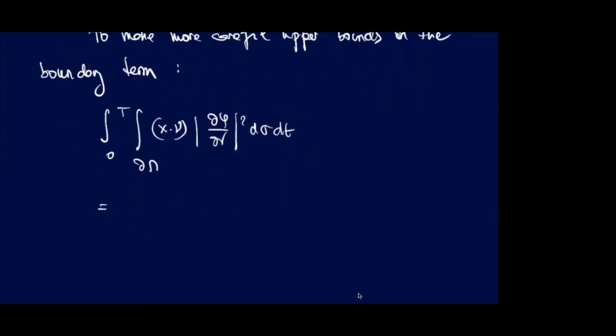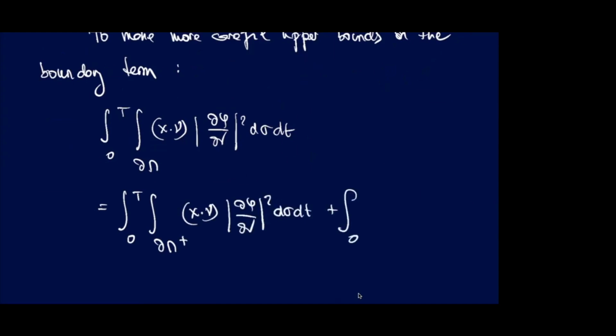Well, but of course, I could split this into the set where the multiplier is positive and the set where the multiplier is negative, denoted by the corresponding signs.